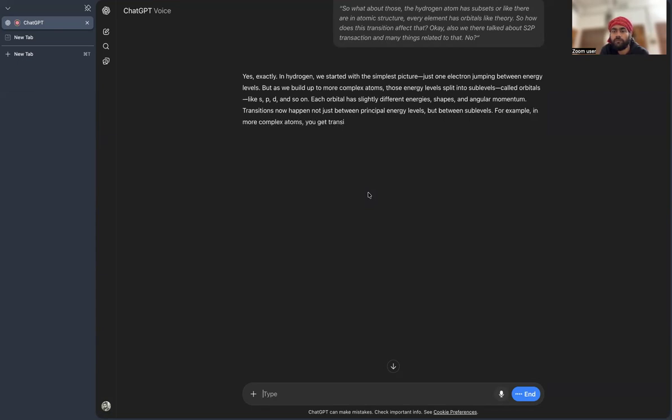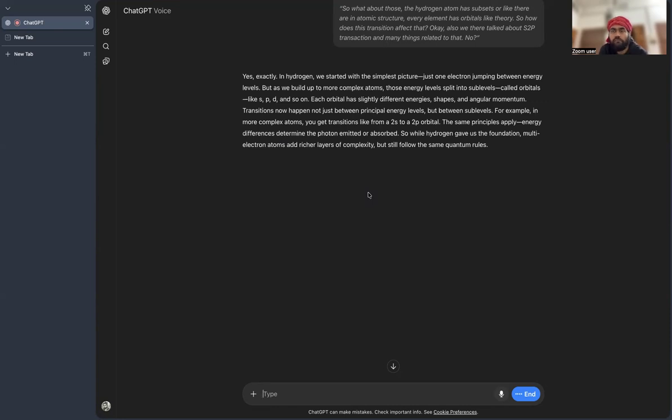For example, in more complex atoms, you get transitions like from a 2s to a 2p orbital. The same principles apply: energy differences determine the photon emitted or absorbed. So while hydrogen gave us the foundation, multi-electron atoms add richer layers of complexity, but still follow the same quantum rules. So this was a very short discussion about spectra.